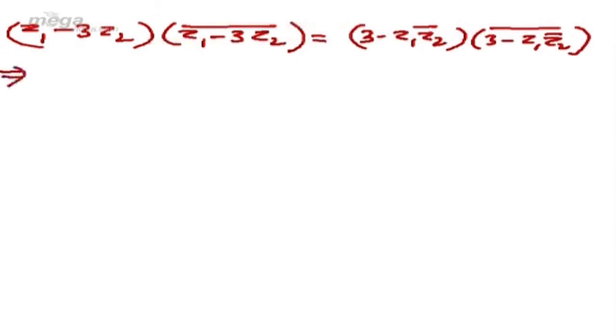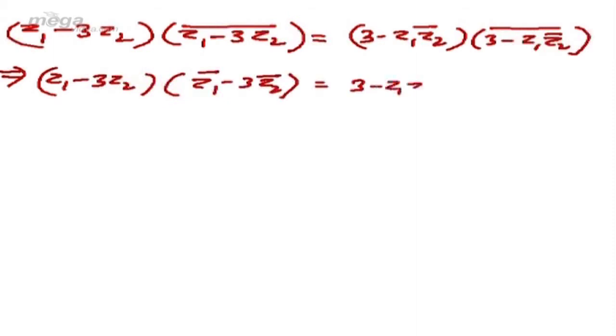Now this can be written as Z1 minus 3Z2 into Z1 bar minus 3Z2 bar is equal to 3 minus Z1 Z2 bar into 3 bar minus Z1 Z2 bar whole bar. 3 bar will become 3 and Z1 Z2 bar will become Z1 bar Z2.